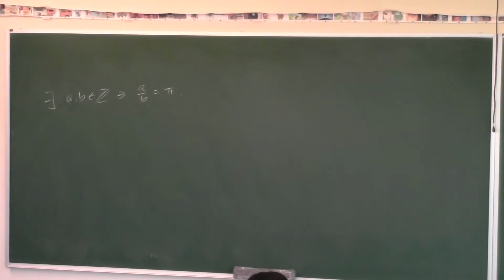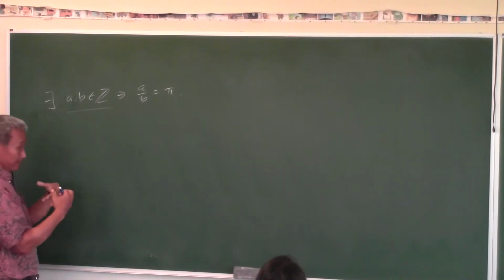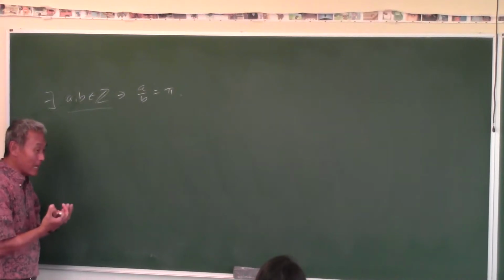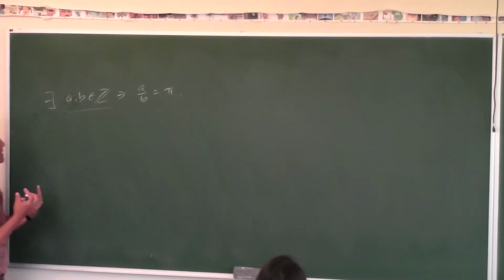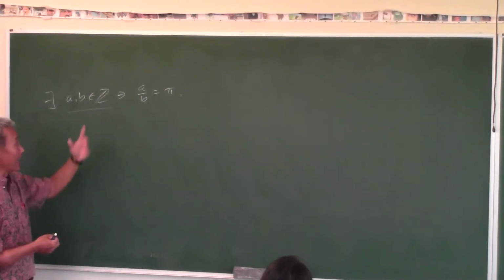What kind of statement is this? Is this universal or existential? Okay, so there exist a and b elements of the integers. So there exist integers a and b such that a over b is pi.